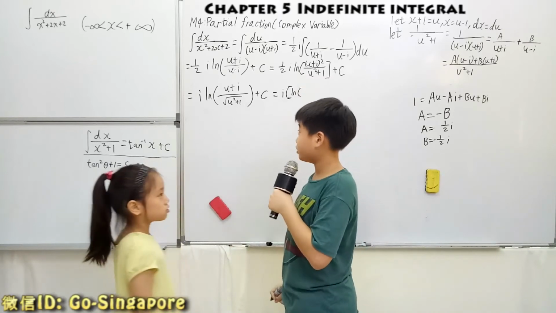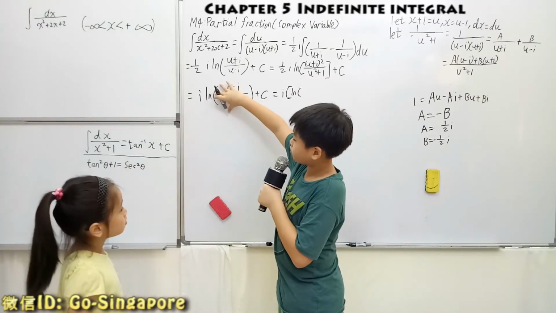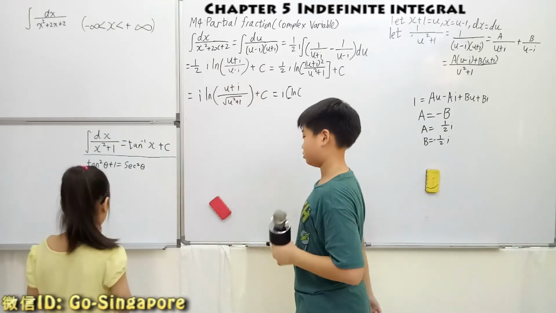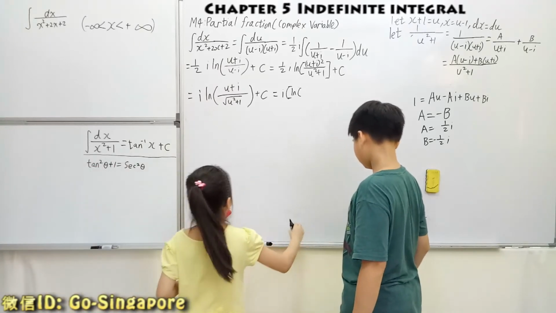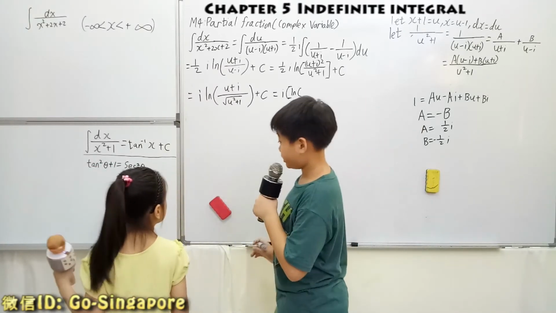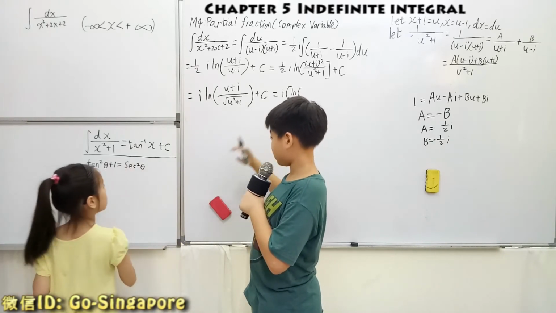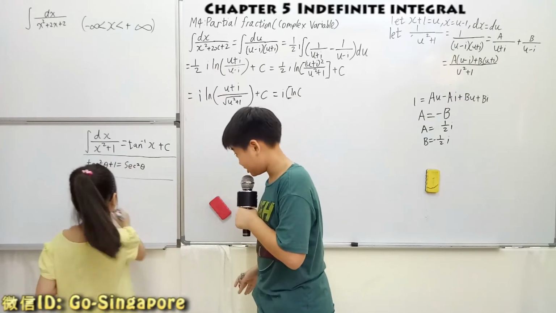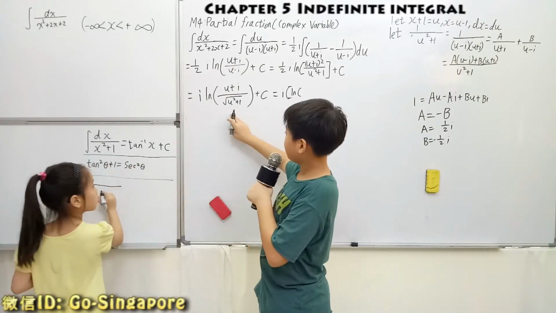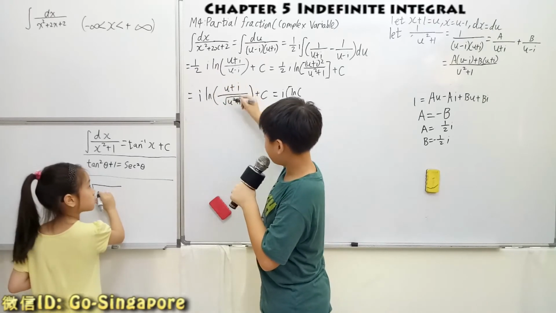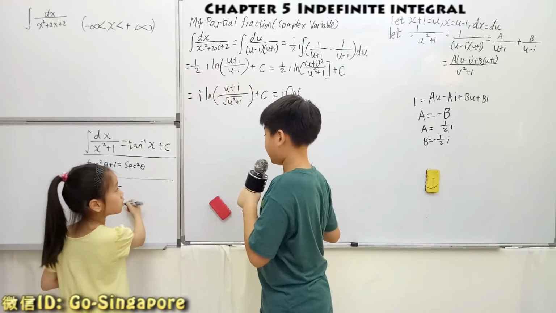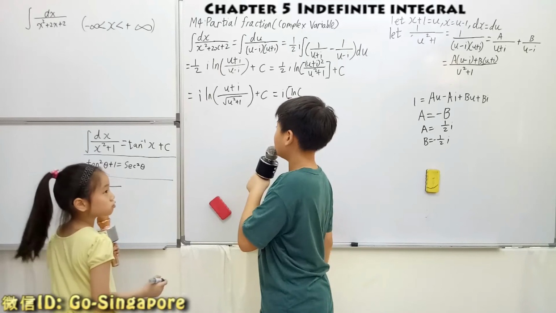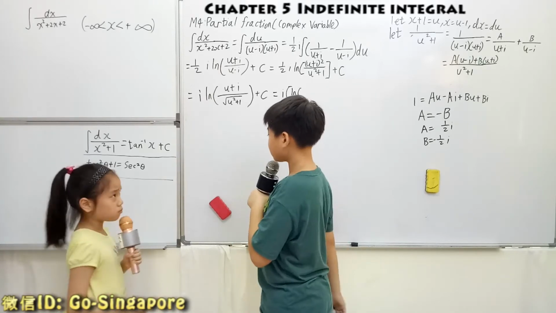Firstly here, what do we have? This, the square root of this square plus this square. Am I right? So okay, I'll write it down. This square, right? The u over square root of u square plus 1. This square, right? Yes. Which is u square over u square plus 1, right? Yep.